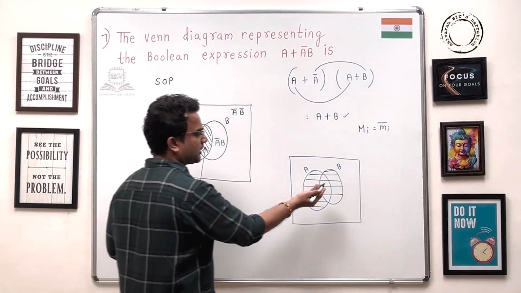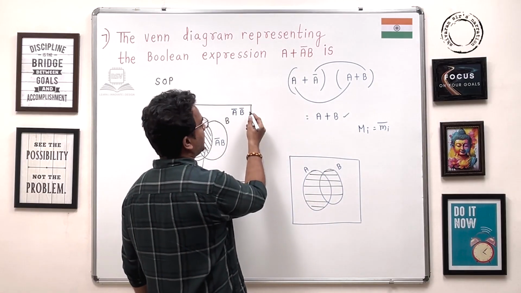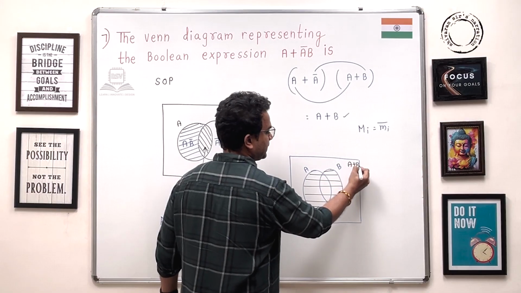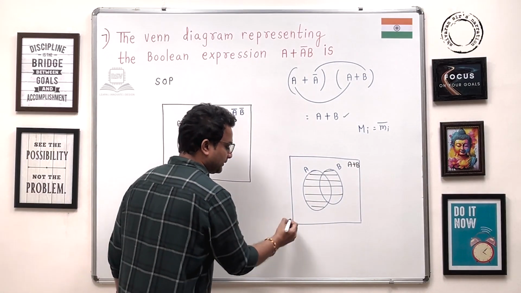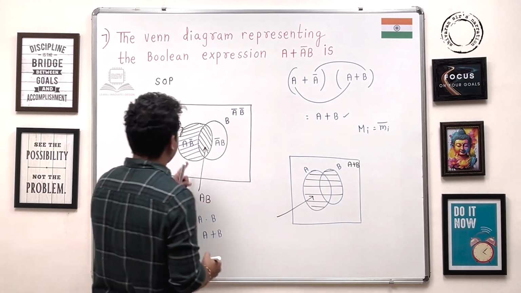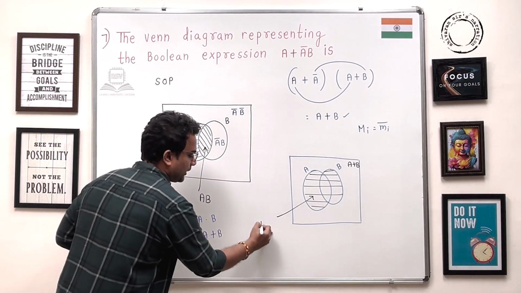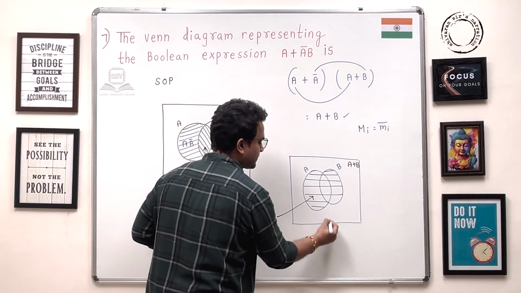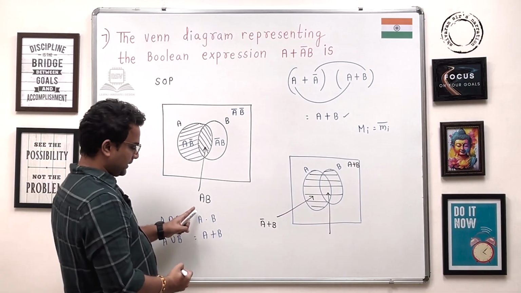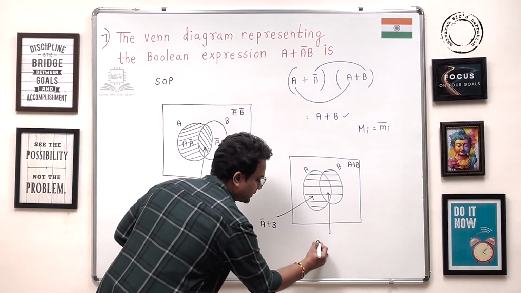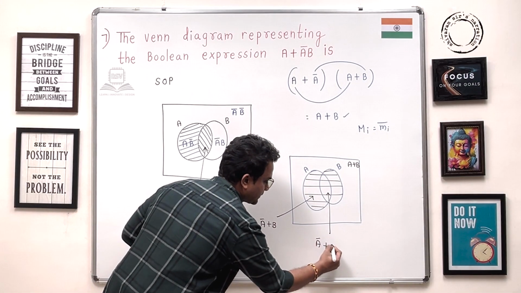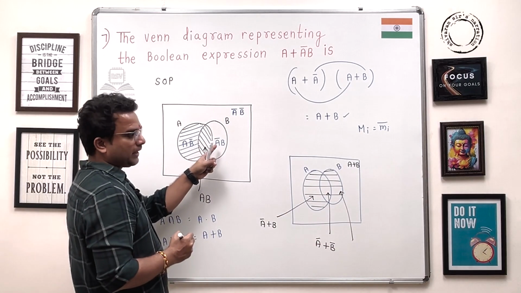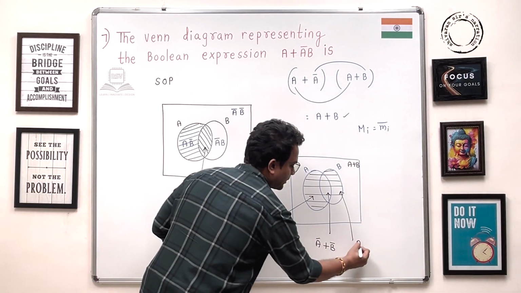Therefore, here let us write what you will get: A bar, B bar, whole bar. Then this will be A plus B, and this will be like A B bar, so A bar plus B, and this will be like A B whole bar, that is A bar plus B bar, and this will be like A plus B bar.